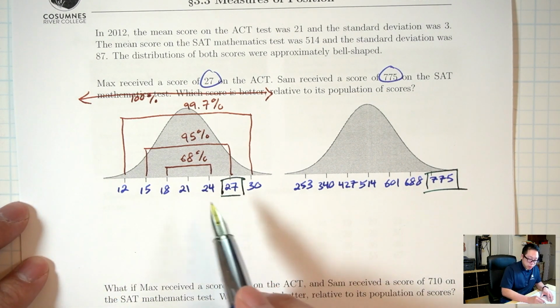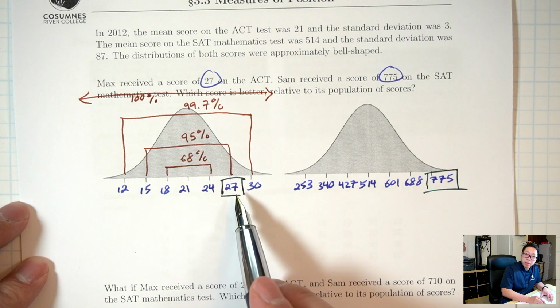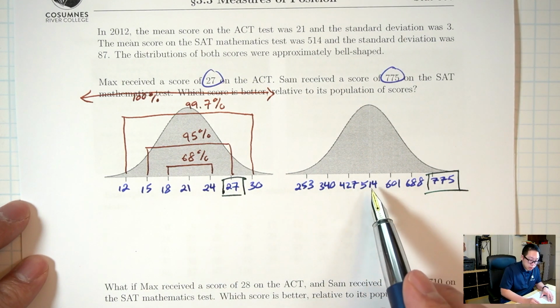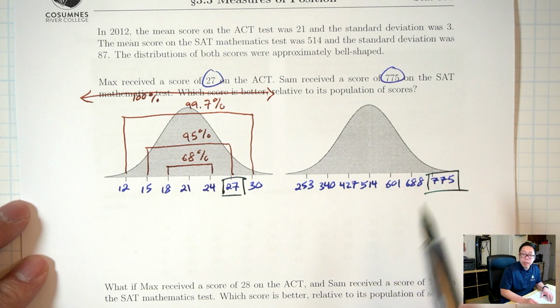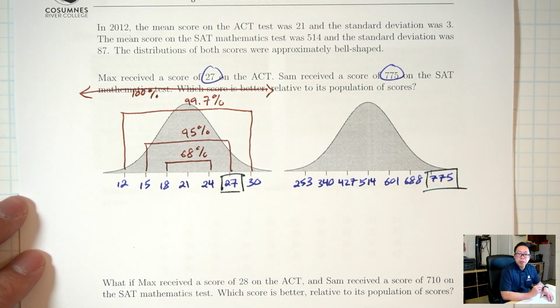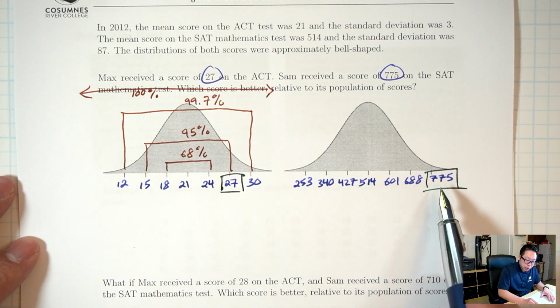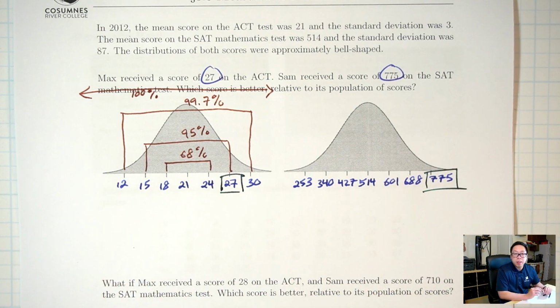Notice that 27 is 2 steps above the mean, and 775 is 1 step, 2 steps, 3 steps above. So is it true that 775 is going to be better because it's 3 steps above versus 2 steps above? And the answer is yes. 775 is going to be better for that reason.